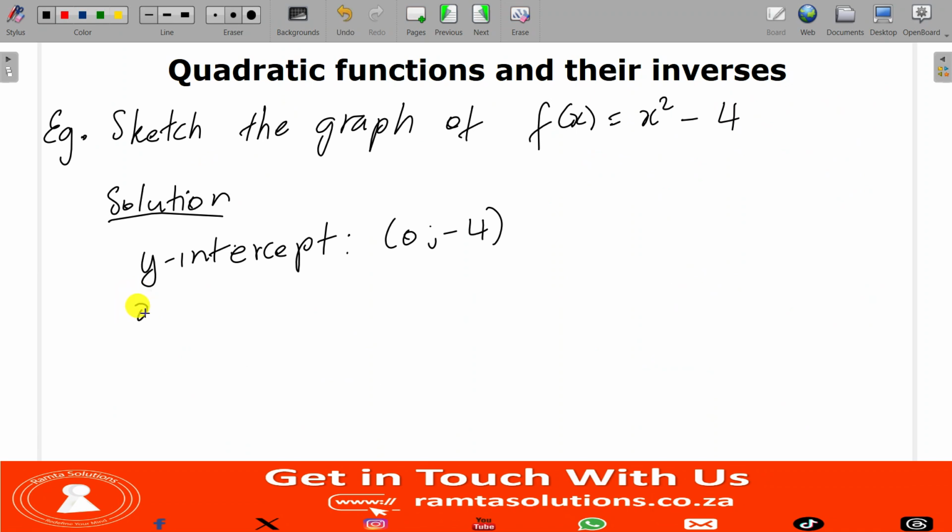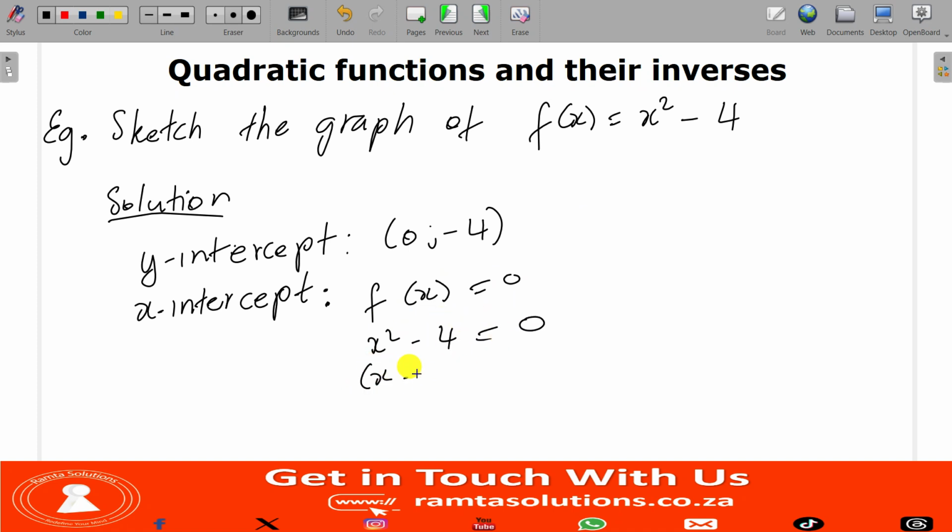Now let's get the x-intercept. The x-intercept will be when f of x is equal to 0. Remember, f of x is similar to saying y. So y is equal to 0. So this is x squared minus 4 equals 0. Difference of two squares: x minus 2, x plus 2 equals 0.